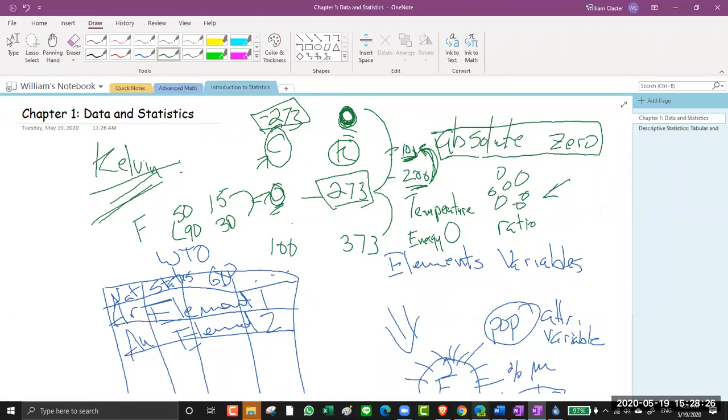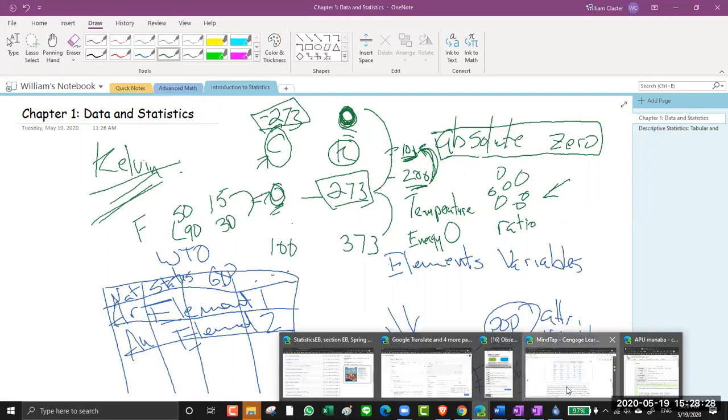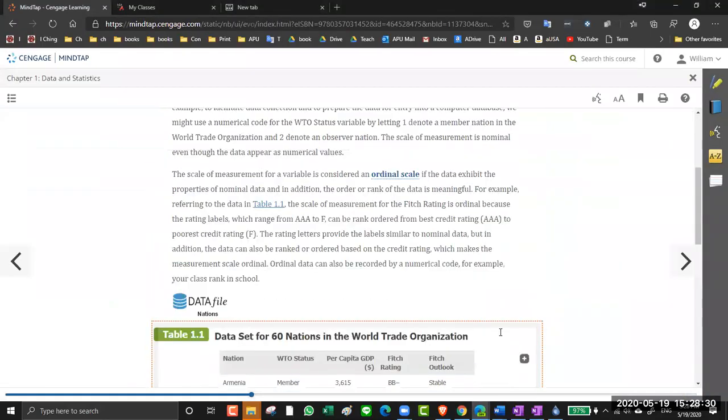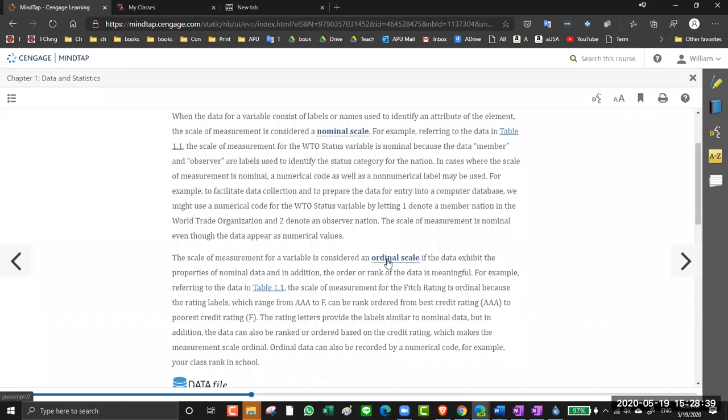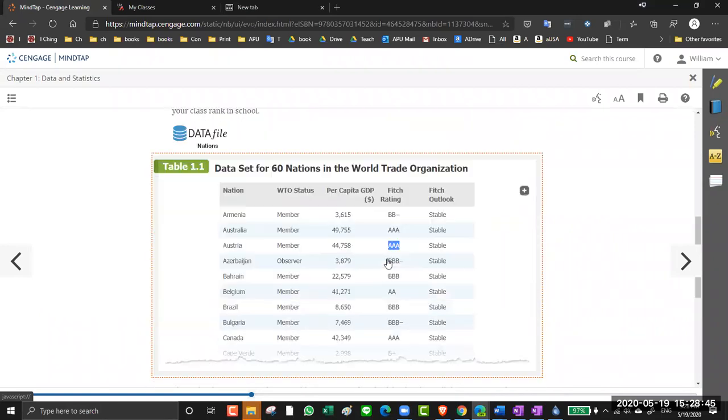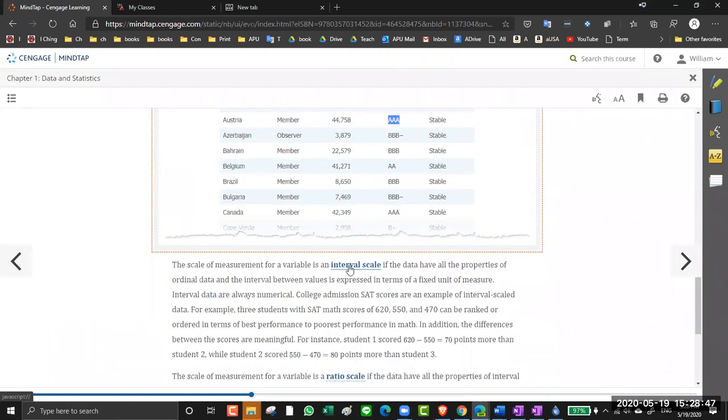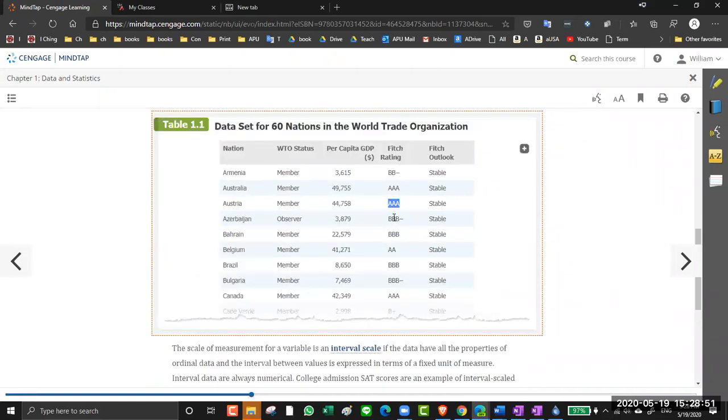Now, what are the measurements we have? Nominal. What word is that? Name. Ordinal. What word is that? Order or rank. Interval, so this is not interval, right? This is ranked, but it's not interval.